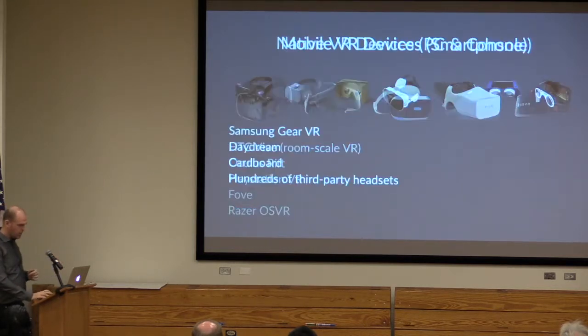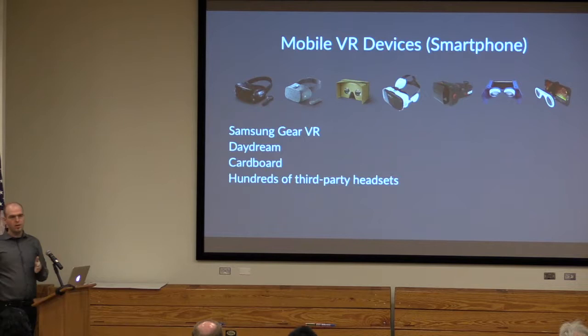Then the next step is obviously the mobile VR. Then you have the Samsung Gear VR and the Daydream, which is mobile VR with an additional feature: a clicker and better hardware tracking.